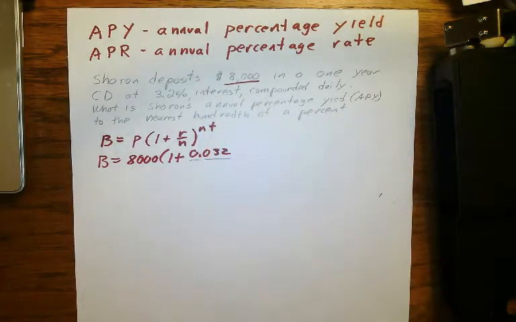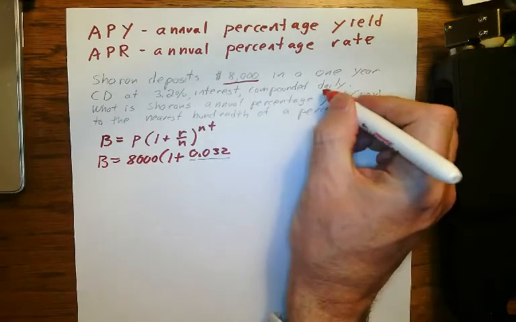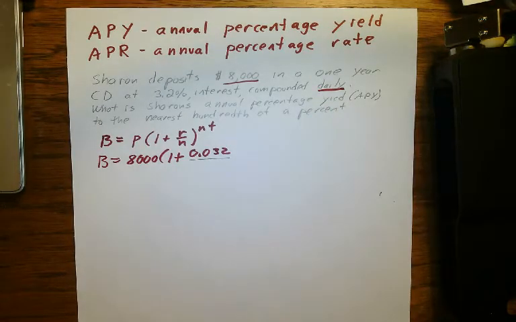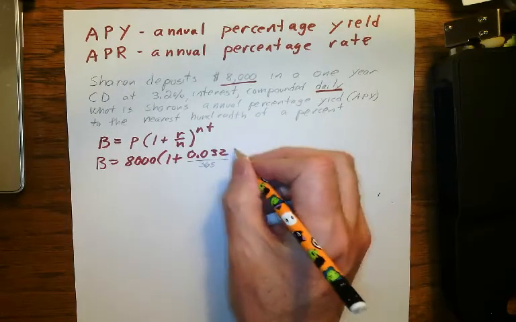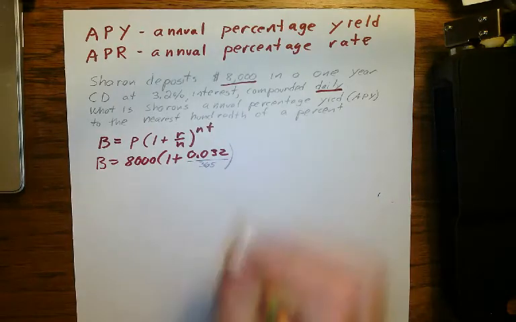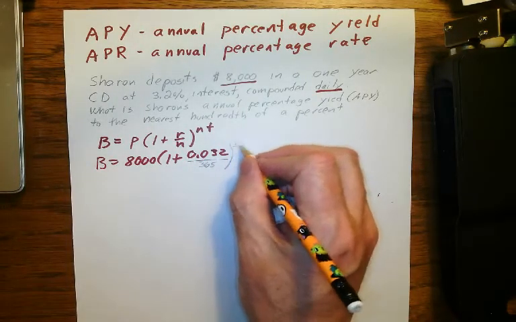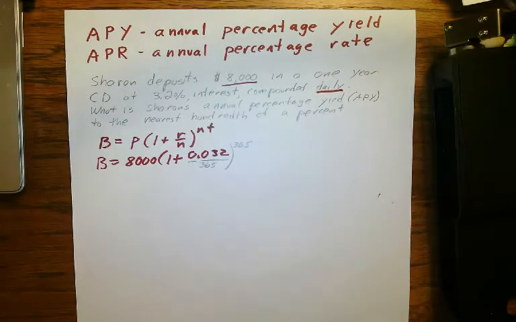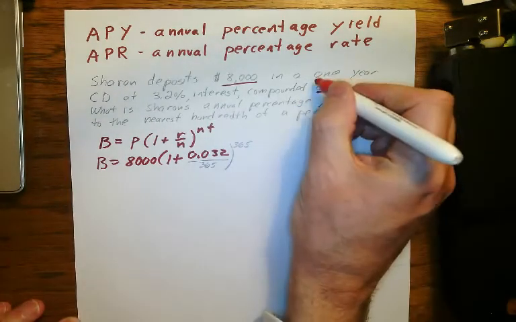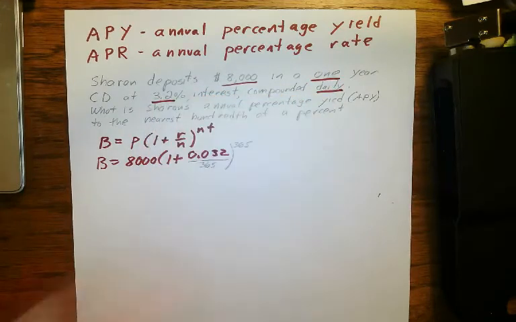Here it's compounded daily. So that means N is 365 because there's 365 days in a year. And the exponent is going to be NT, which is 365, and 1 year is the T. T is time in years.